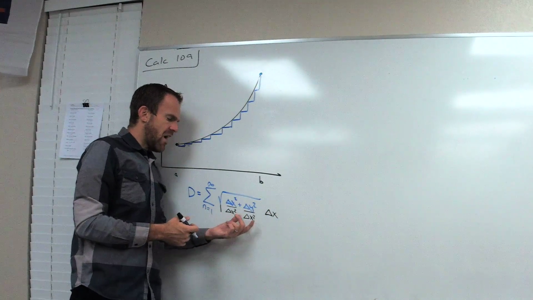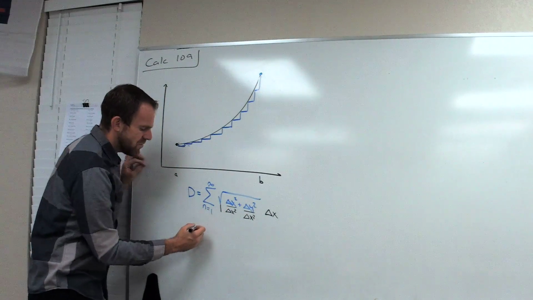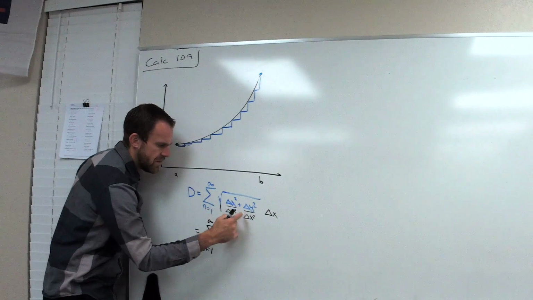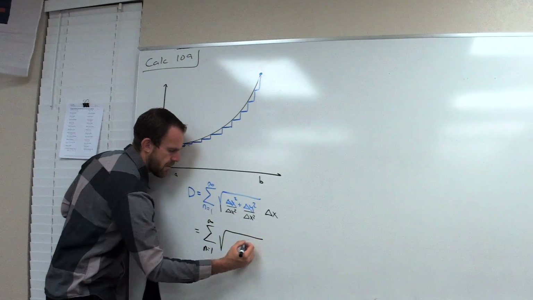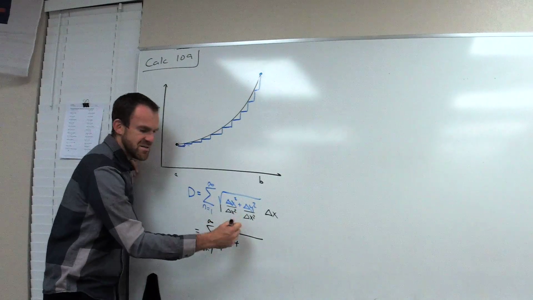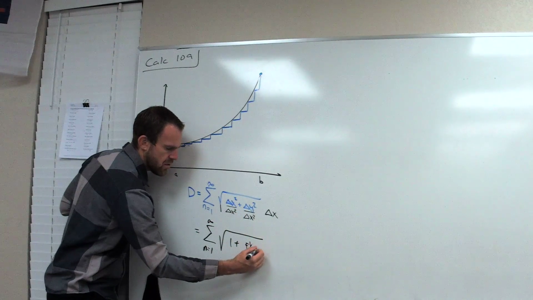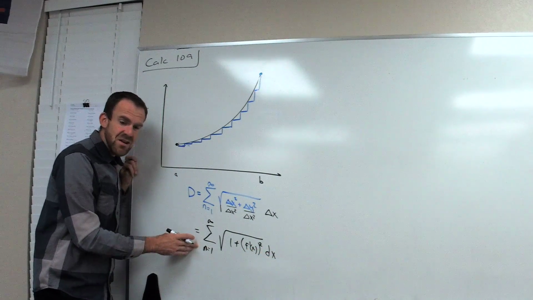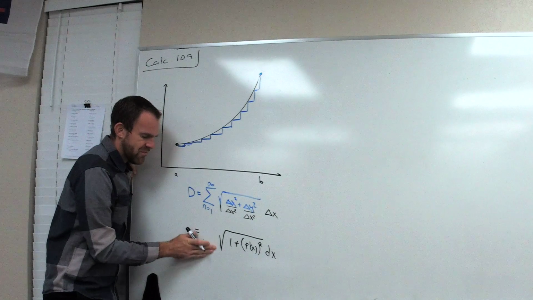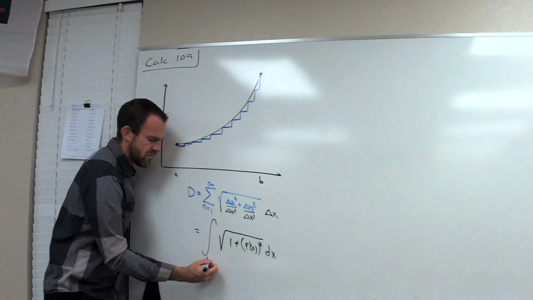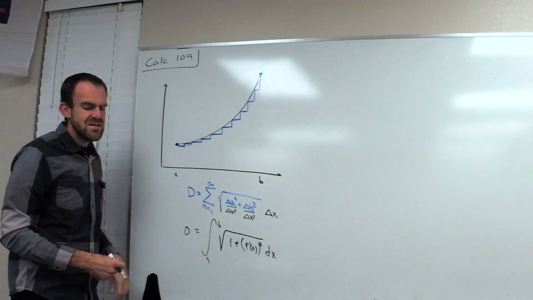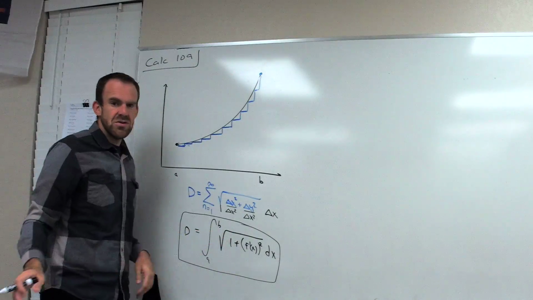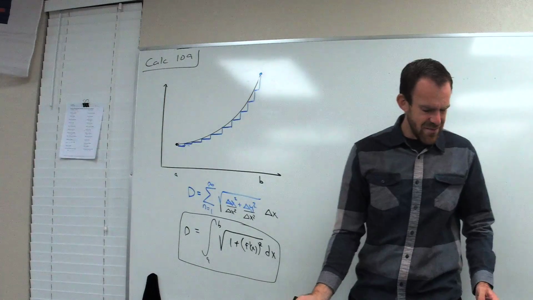I'm basically pulling out delta x from this, and I'm left with the sum of the square root of 1 plus dy by dx, or the derivative, squared, times dx. And instead of sum, we know that an infinite sum can be written as an integral. And so this is the distance along an arc. You should write that equation down, memorize it.